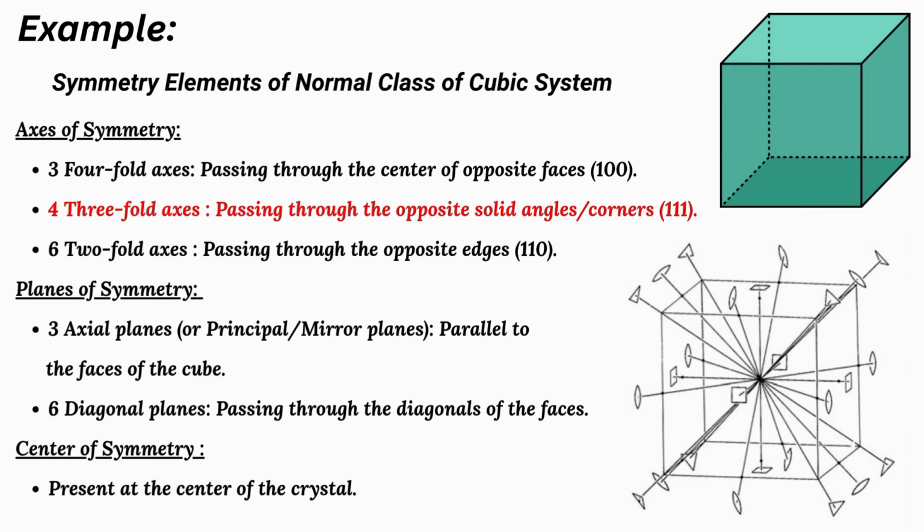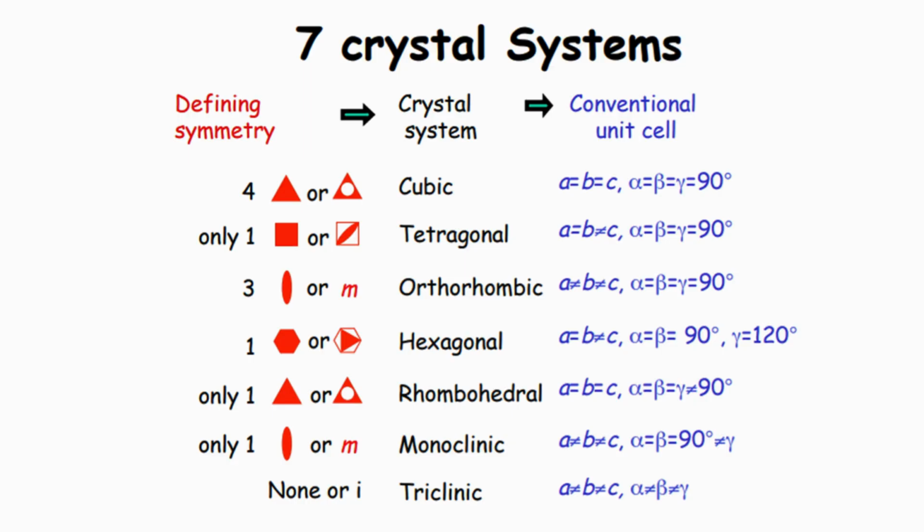That is a very interesting point to understand why the basic definition of crystal system differs from what we discussed in the first slide. Though a number of different symmetry elements are present in each system, there is a defining symmetry.